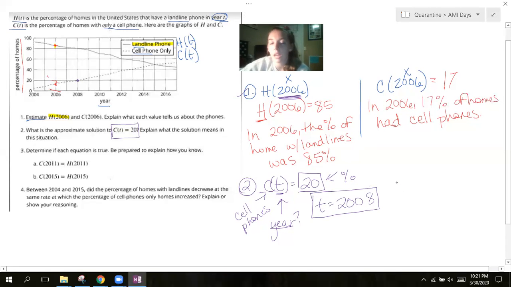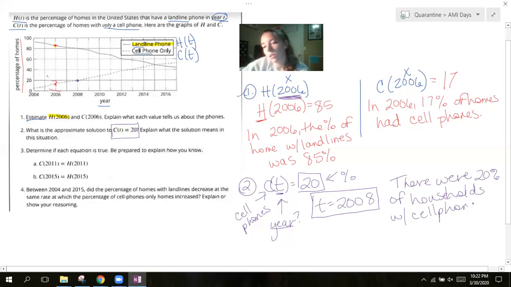It means there were 20% of households with cell phones in 2008.